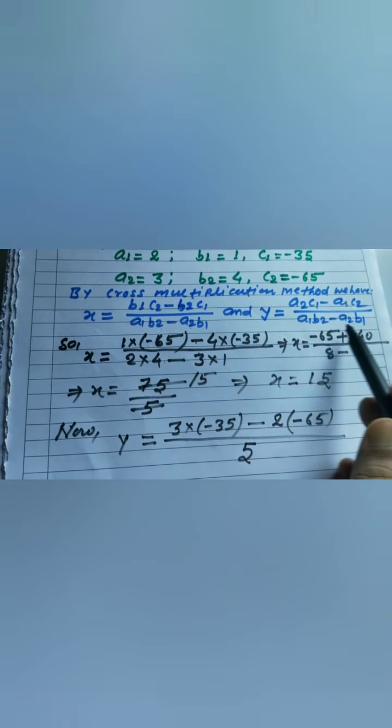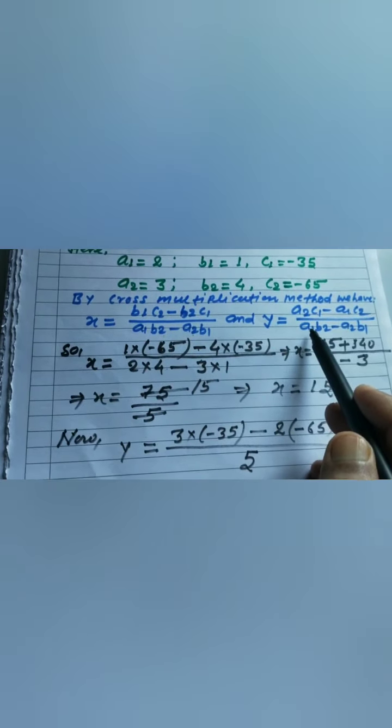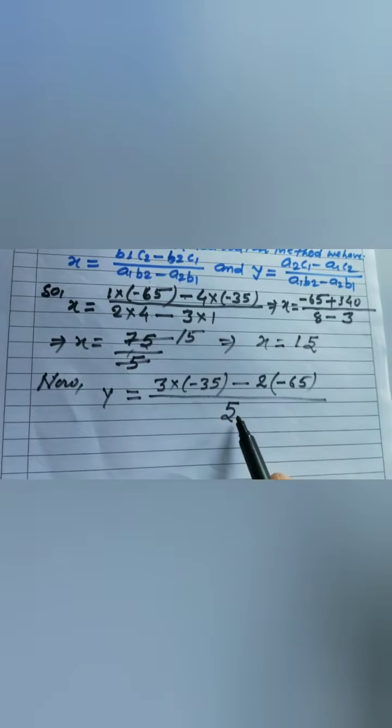So when we put the values of a1 b2 and a2 b1 and subtract, the same value will come. That value can be directly put here in the denominator of y.